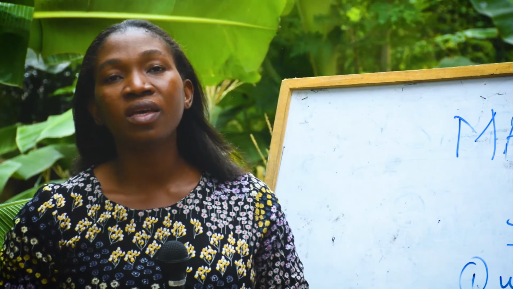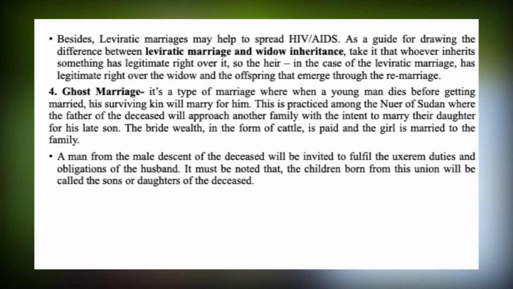So after his death, his family sees a woman they are interested in. They put their request before the girl's family of their intention to marry her. And then they marry the girl for their deceased son or brother or whoever.